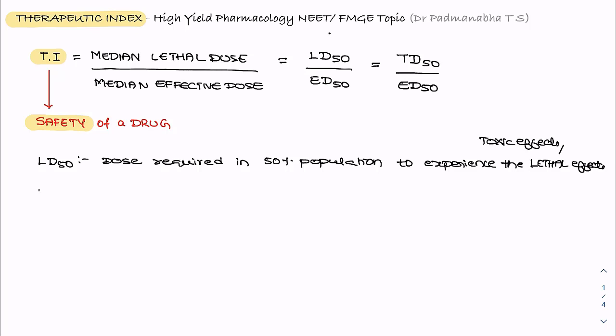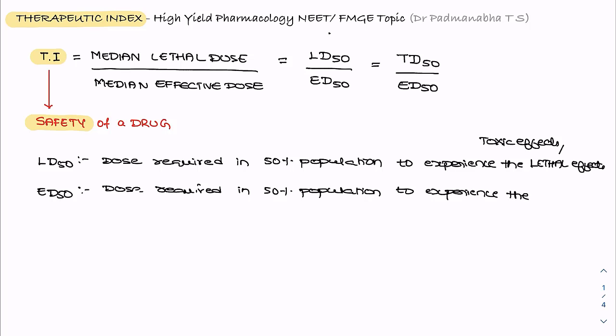So what do you understand by ED50? ED50 tells you about the dose required in 50% of the population to produce or experience the desirable effects, or it can be said as the beneficial effect.